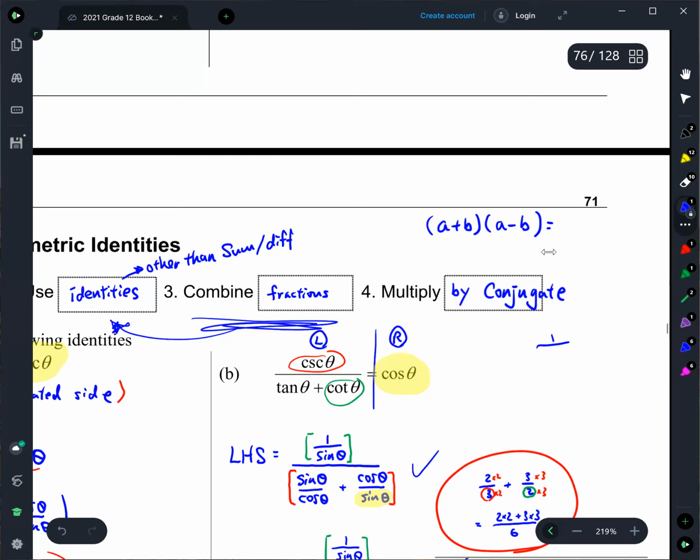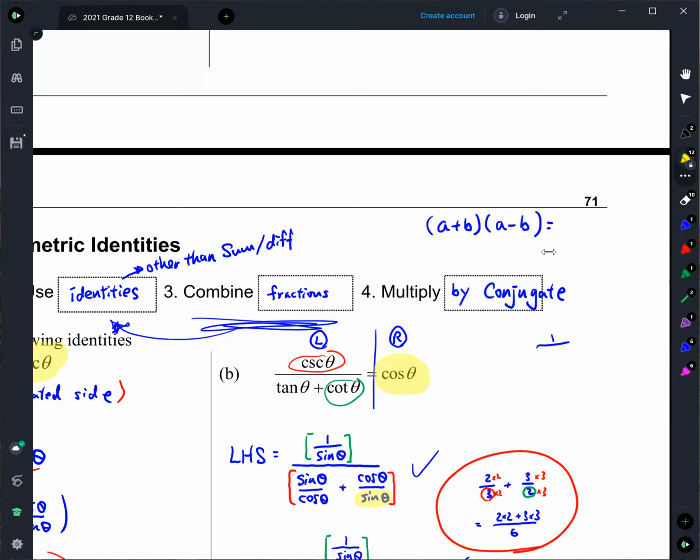Sorry, I don't remember. I've seen it before, I just don't remember. Then can you help me expand this? Do the FOIL. Oh yeah, I can. Okay, tell me what you get.